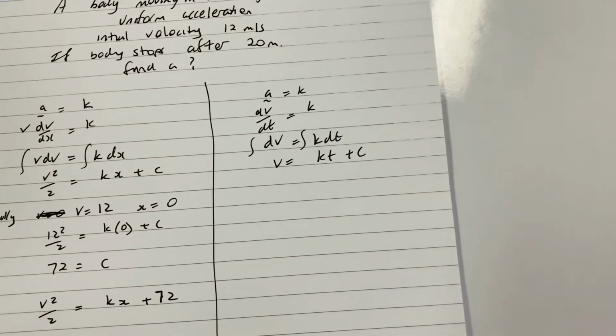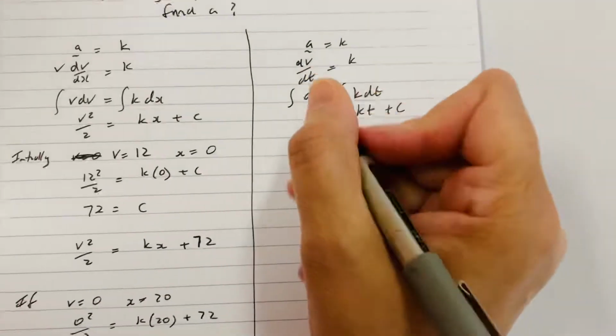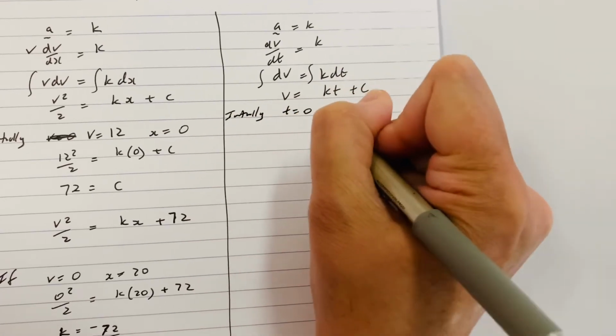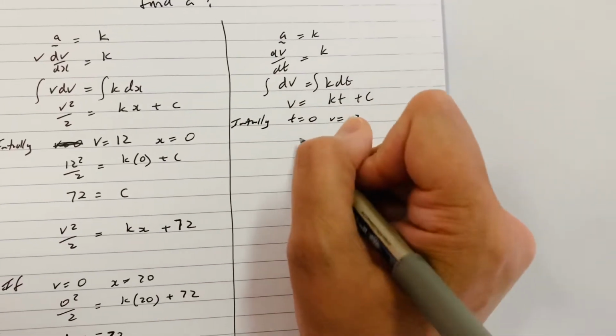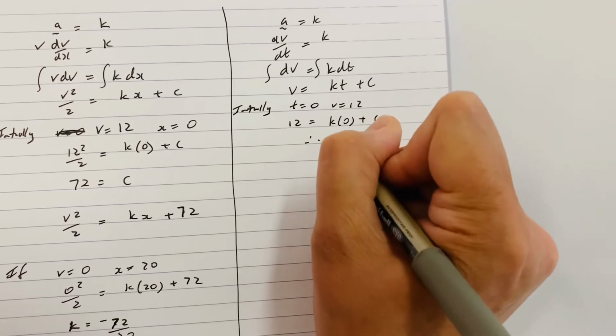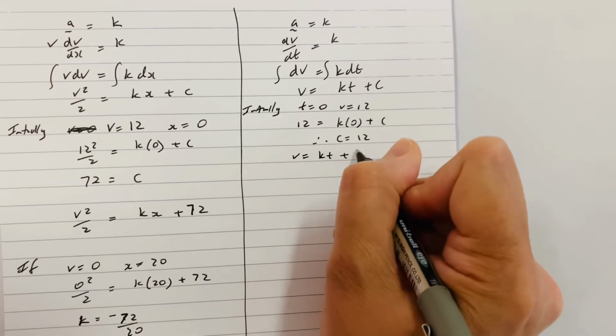This is a nice standard way we like to go. Now initially, t equals 0, v equals 12. That's nice. So 12 equals k times 0 plus c. In this case, c is equaling 12. So v equals kt plus 12.